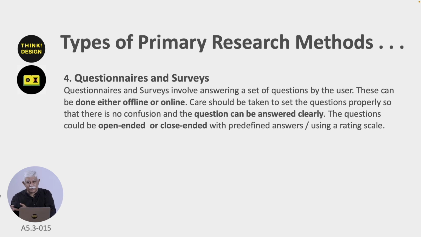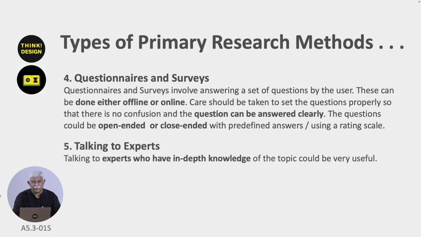Accordingly, make these questions. Questions should not be confusing, so that the users can answer very clearly. It can be open-ended, it means that you can ask for their opinions, or it could be close-ended, means that it has a set of answers which he has to tick from the choices you've given him. Okay? So more on that again later.